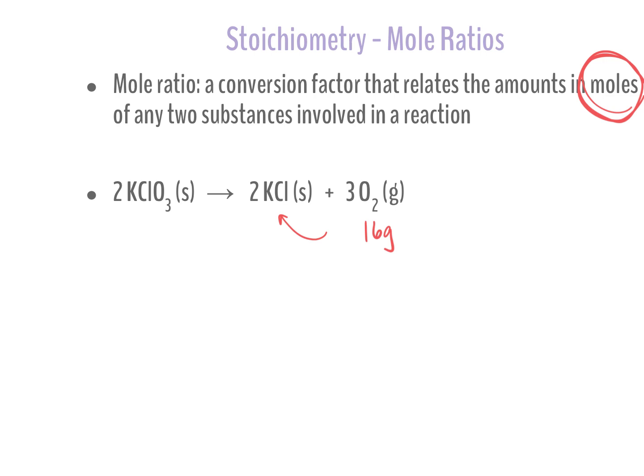I can answer those 2 questions really without knowing anything about my starting amount. I can compare or answer questions about any 2 substances in my reaction. It doesn't just have to be that I'm given a certain amount of my reactant and I want to find out how much product I can make. I can compare any 2 things. Okay, so we'll look at that as we walk through our problems, okay?